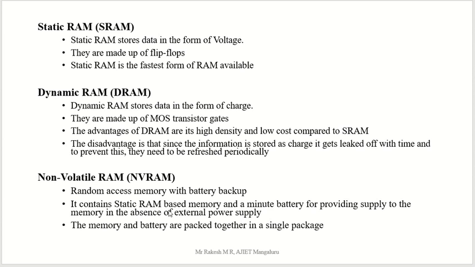It contains static RAM based memory and a minute battery for providing supply to the memory in the absence of external power supply. If the external power supply suddenly goes off, we give some supply using that battery. Memory and battery are together in a single package.